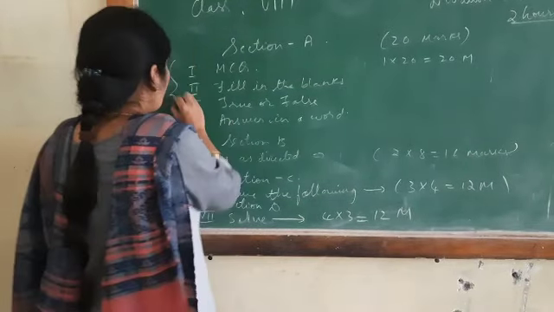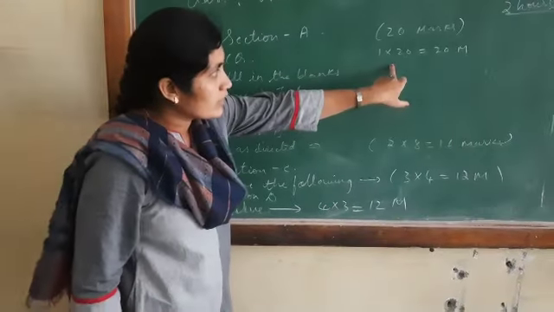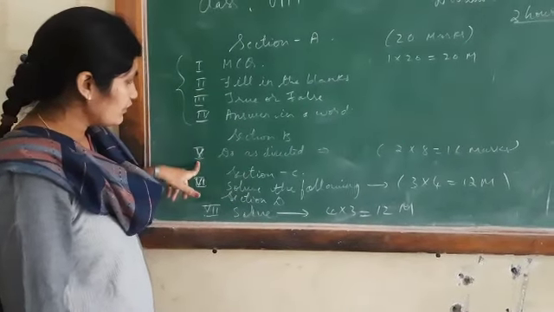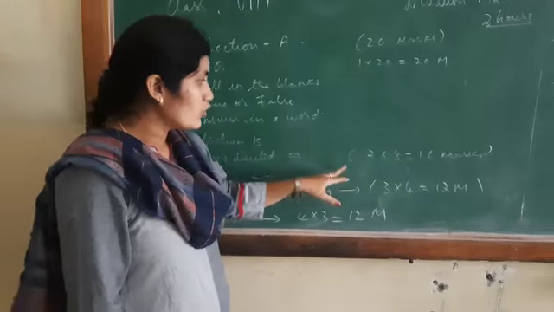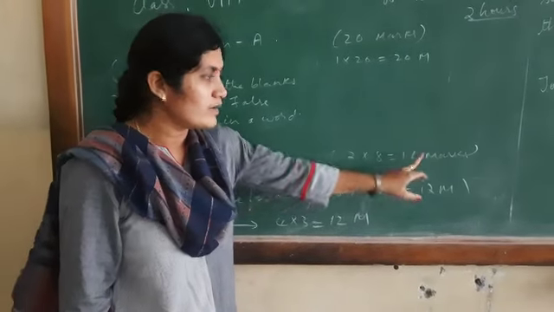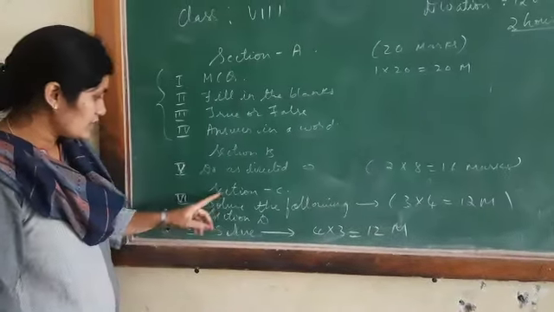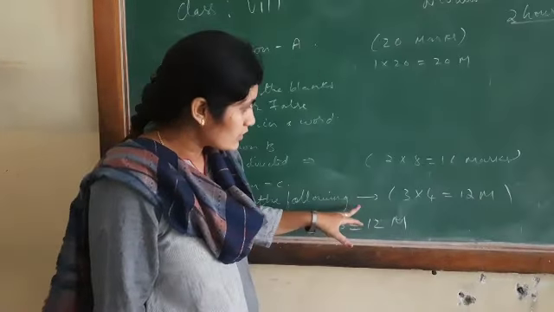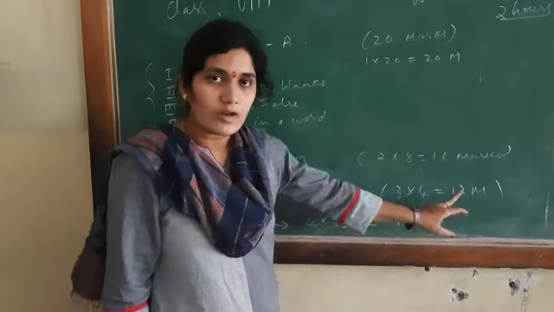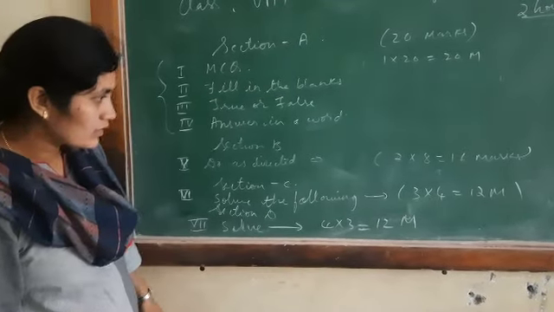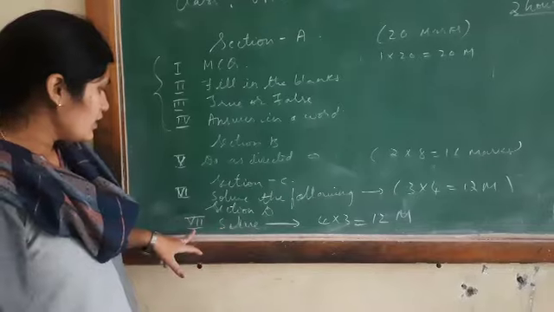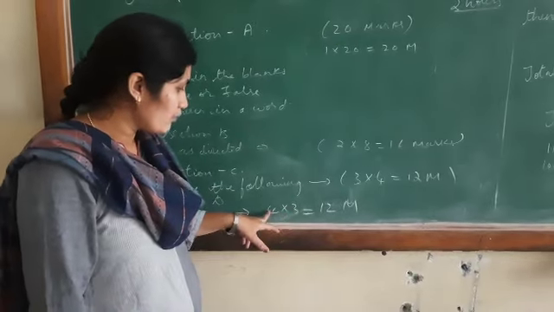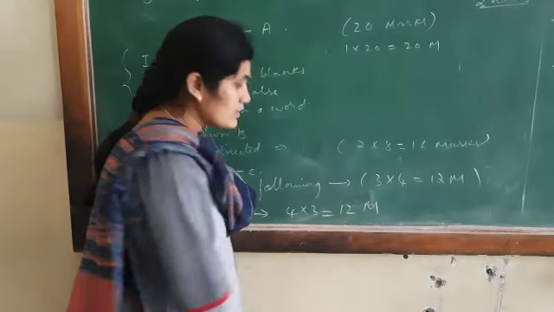These 4 bits are of 1 mark each, so 1 into 20, 20 marks. Section B, 5th bit, do as directed. Here you need to solve 2 mark questions, 2 into 8, 16 marks. Section C, 6th bit, solve the following. Here you need to solve 3 mark questions, 3 into 4, 12 marks. Each question carries 3 marks. Section D, 7th bit, solve 4 mark questions, 3 questions, 4 into 3 is 12 marks.